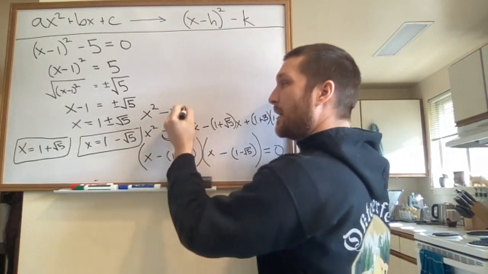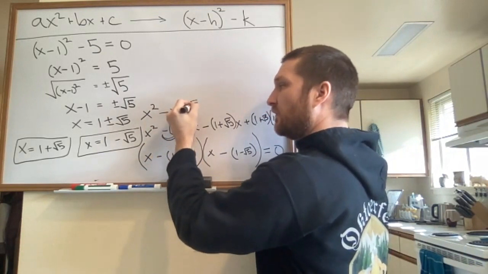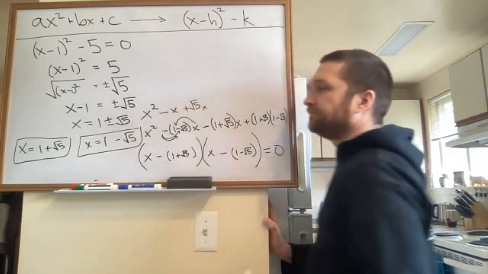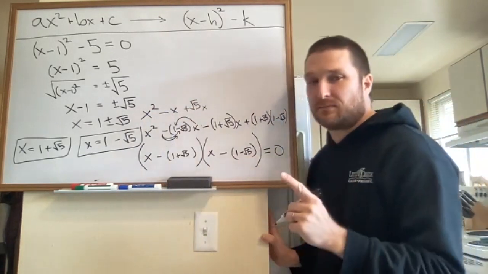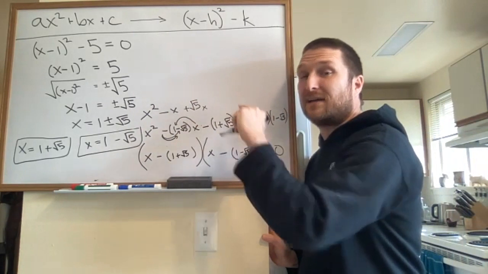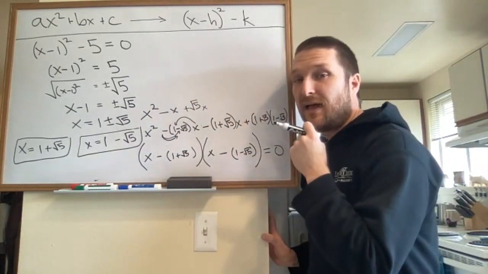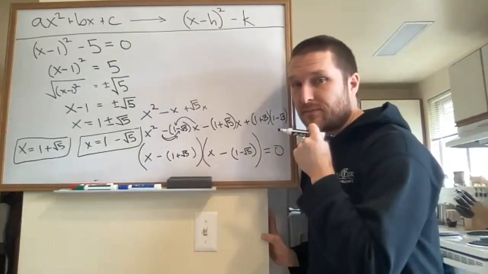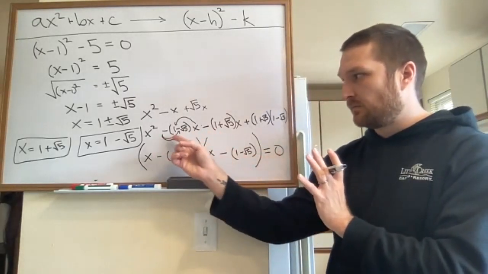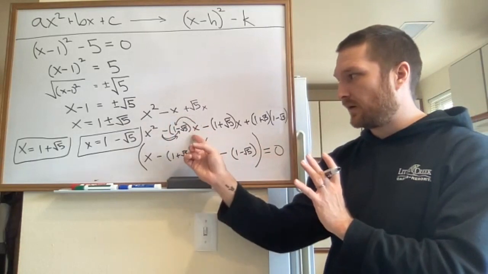So we'll have a plus root 5, and when the x comes in, we'll have an x. It's one of the few times you'll see me write an x on the right-hand side of a root of some sort. But are you following? Does this make sense, how I got that?